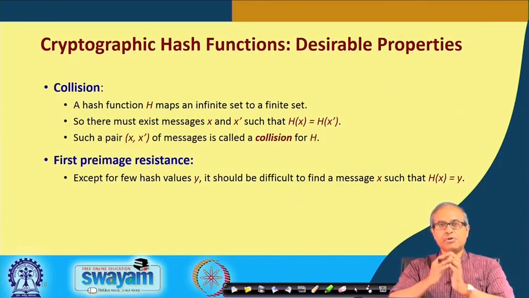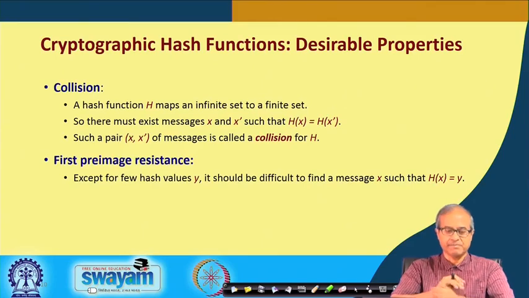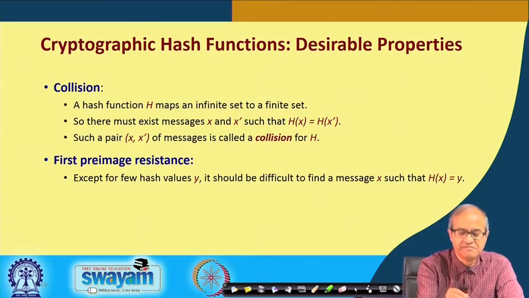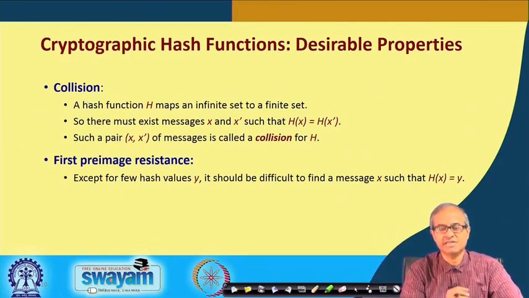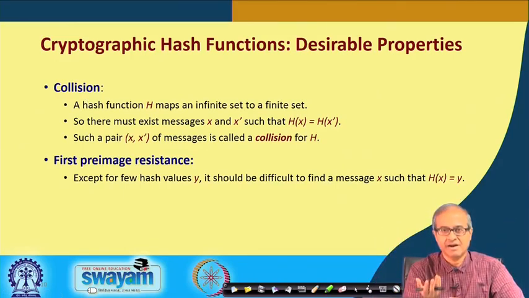Now, talking about cryptographic hash function, as I said, they should have some desirable properties. Let us very quickly look at what these desirable properties are. Any hash function, because it maps a larger set to a smaller set, will have the occurrence of something called collision.